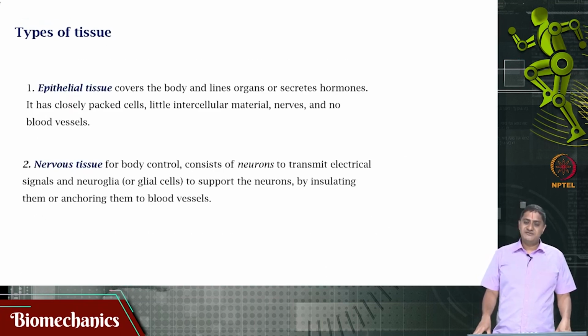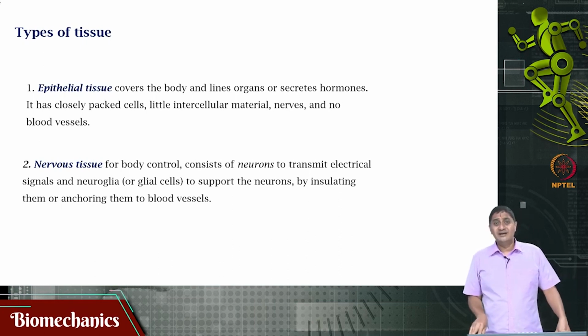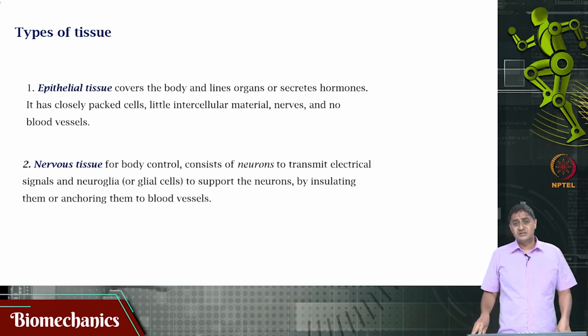There are many types of tissues and there are many ways of classifying tissues. One common way in which tissues are classified is by their function, like what they do: skeletal tissue, muscle tissue, nervous tissue and so on. They have specific functions and based on that they are classified. But here we restrict our attention to material properties.